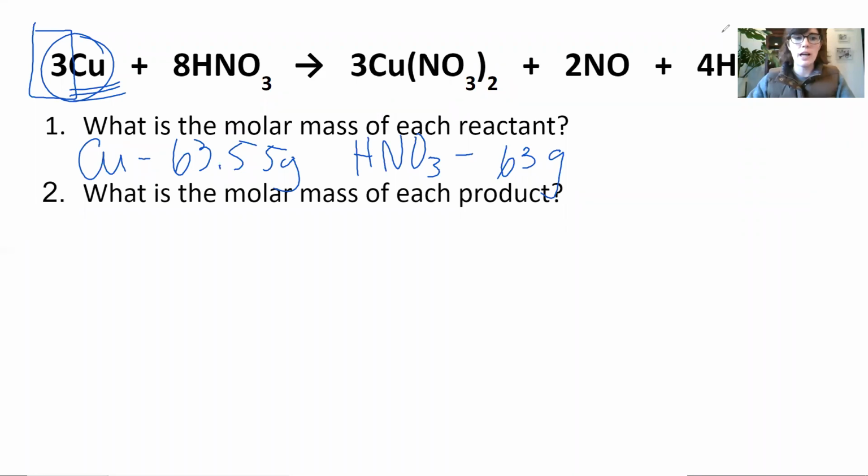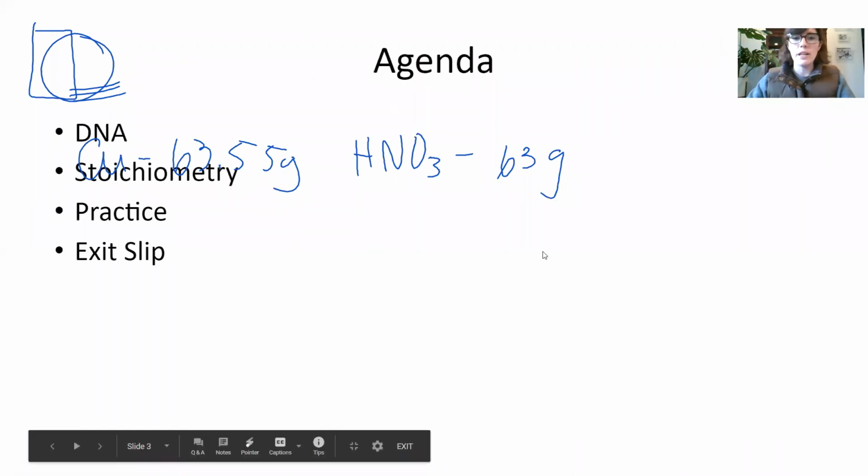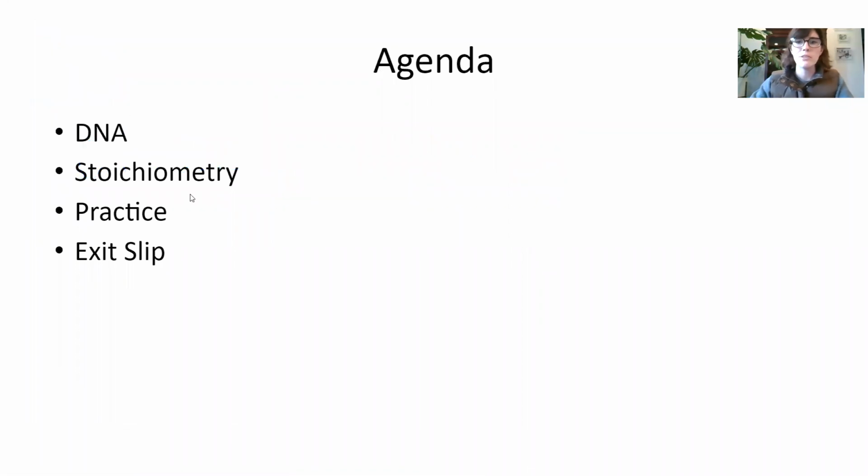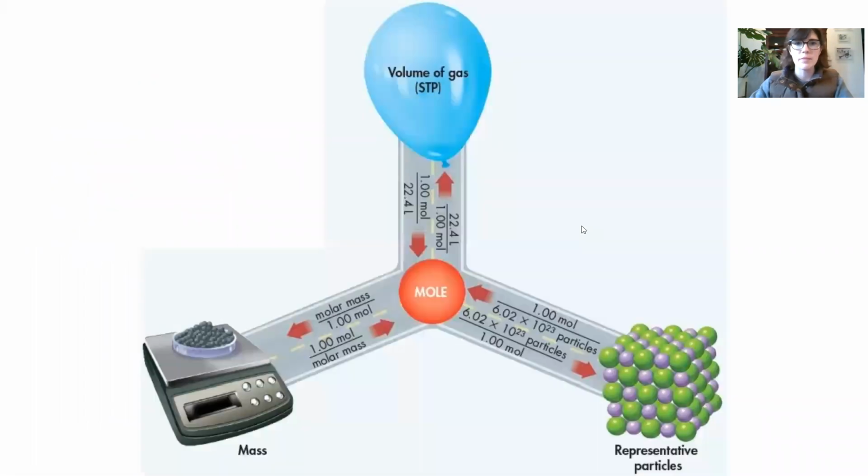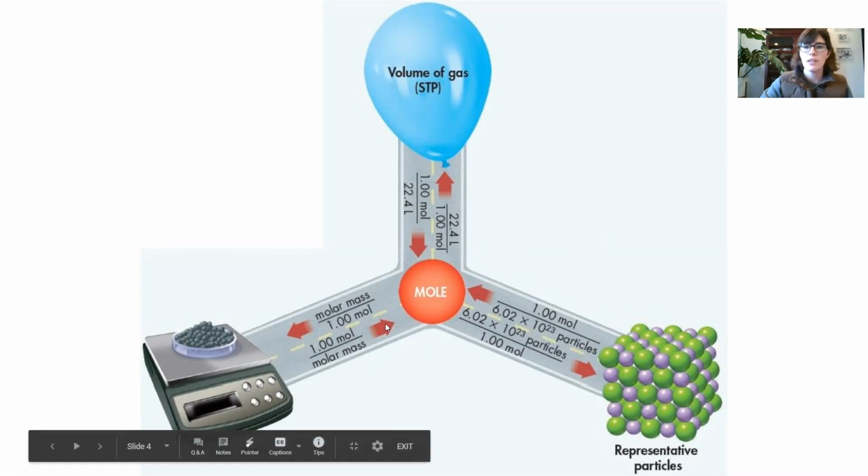So moving on. What is our agenda today? So we warmed up. We're going to do a little bit of stoichiometry. We're going to do a little bit of practice, and then we're going to have an exit slip. All right, so this is our mole triad. We have done a lot of stuff in the bottom part of this.